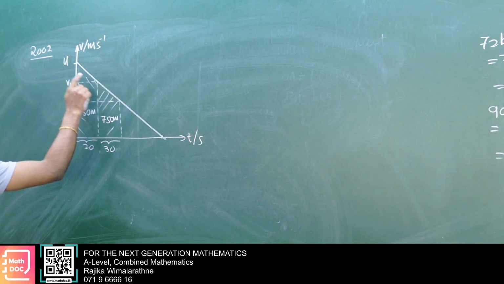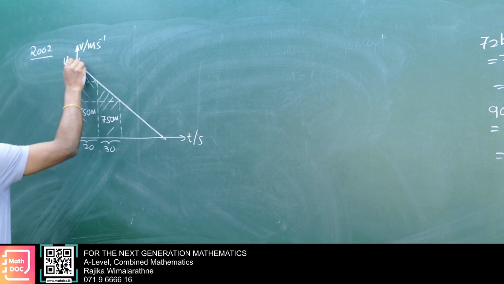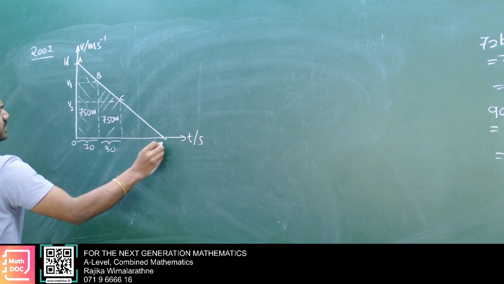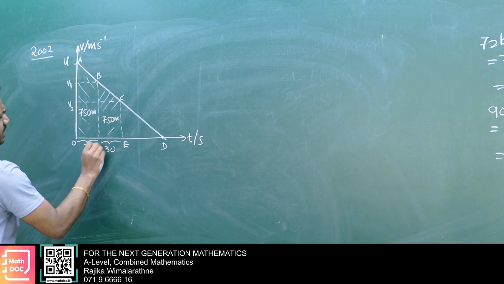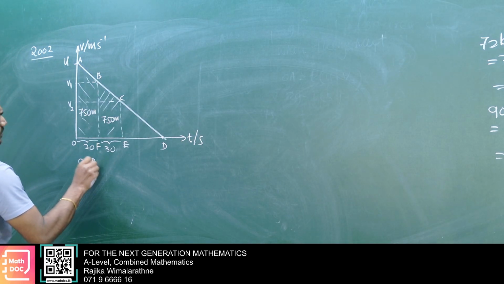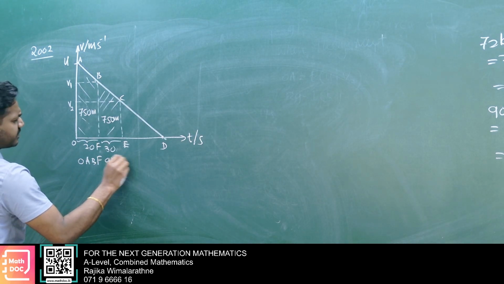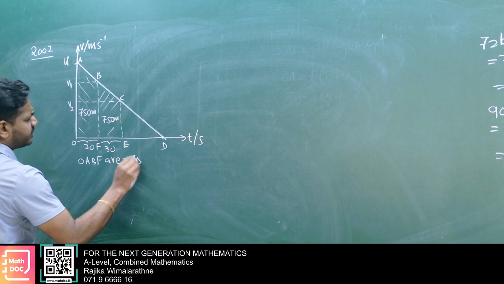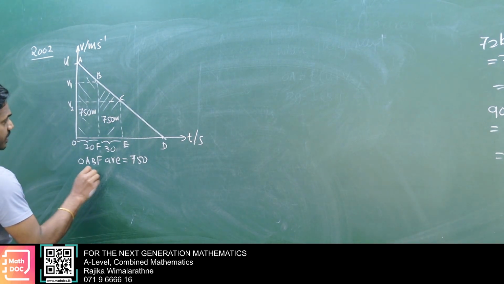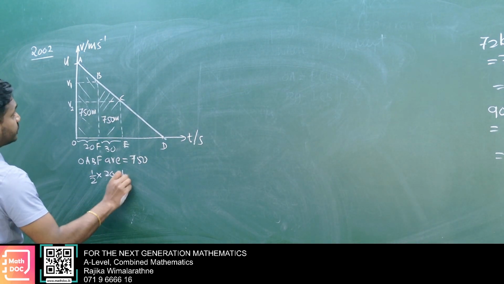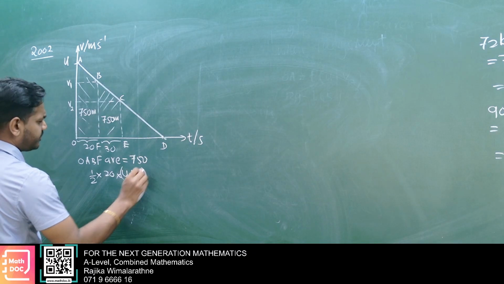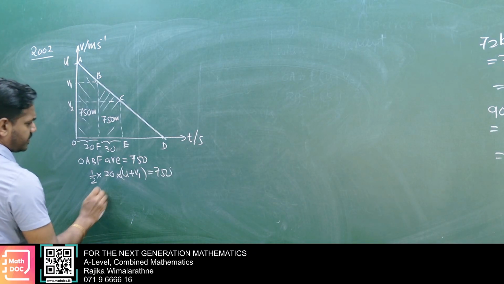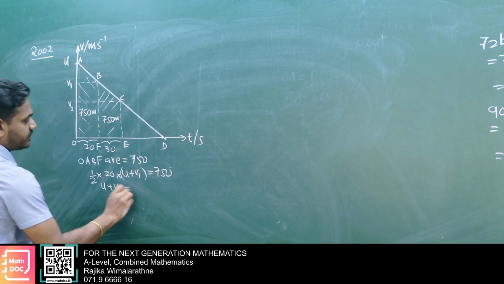Here take this area, take O, A, B, C, D, E, F. The OABF area is 750, half into 20 into U plus V1, so U plus V1 equals 75.